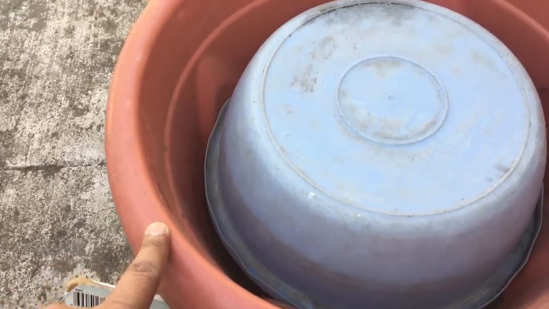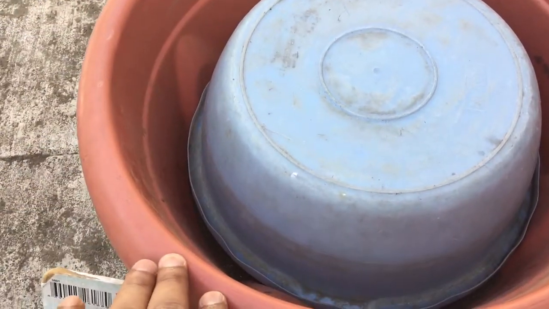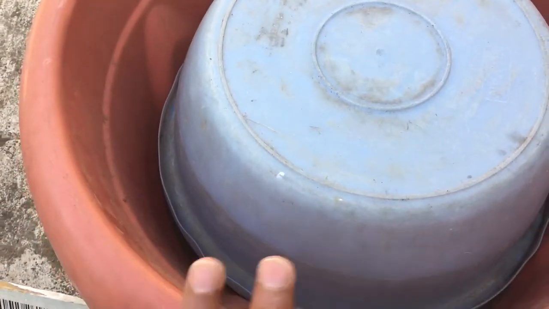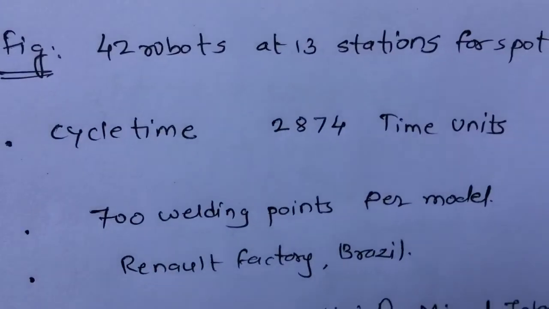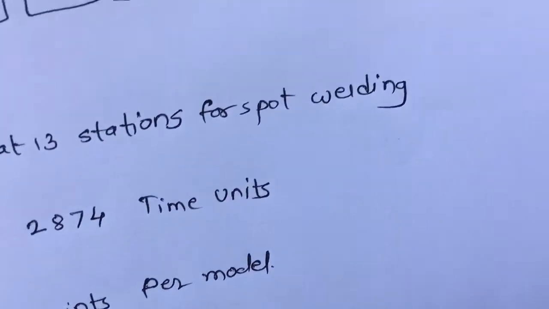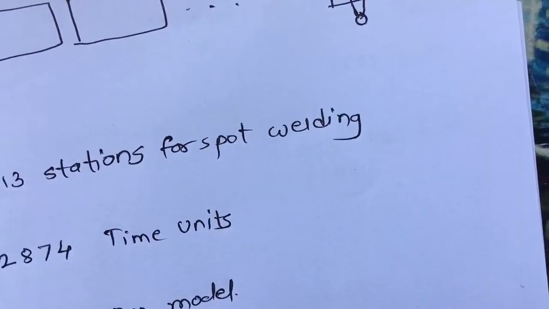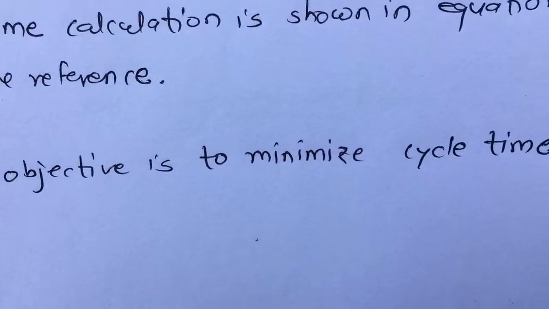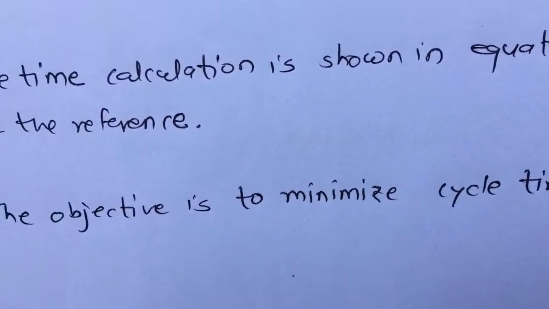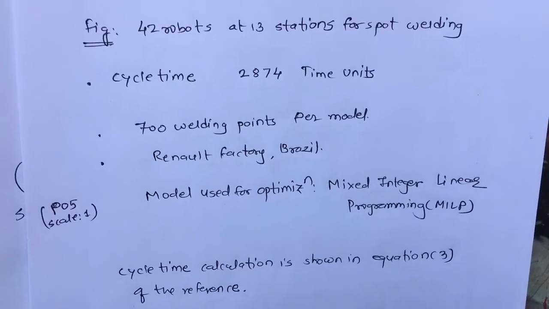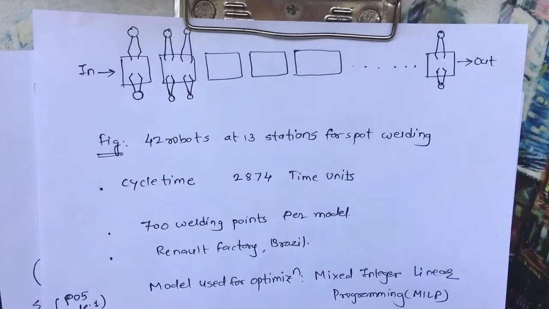So the task is to separate the region of the spot welding points, and we say region 1, region 2, region 3 and so on, and to separate them. That is the task. That is why you will find that these 700 welding points are separated into multiple regions and they are optimized, and their simulation is also done and their experimentation work is also done, and the objective is to minimize the cycle time. So with this I will stop over here for spot welding. You can find further information from the references mentioned over here. Thank you very much.